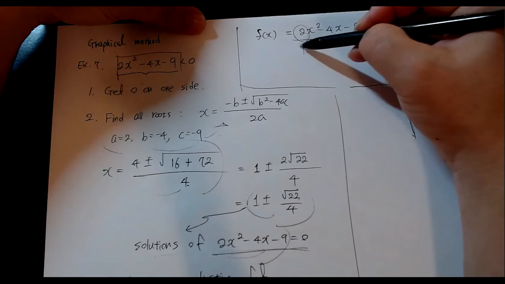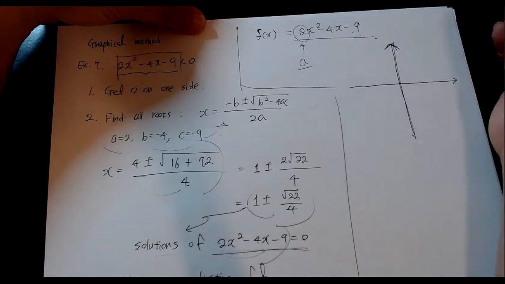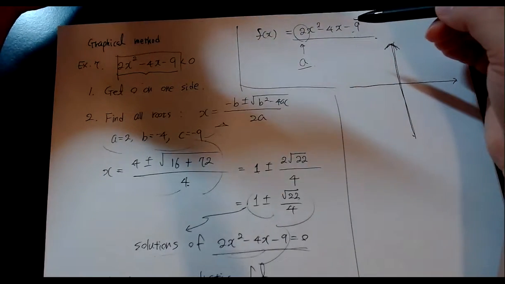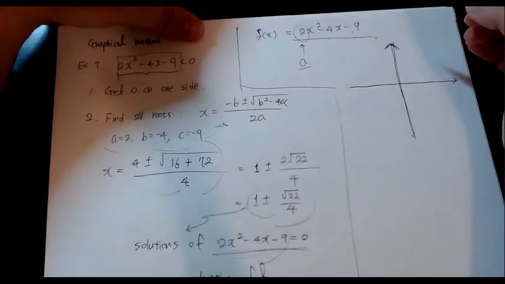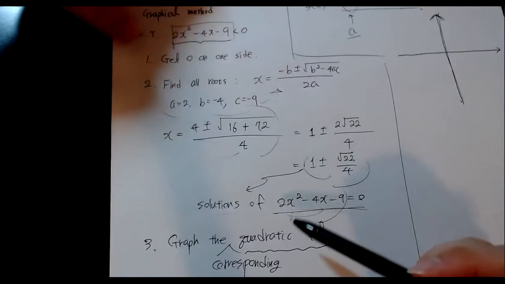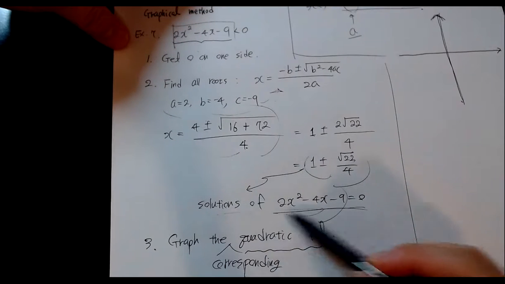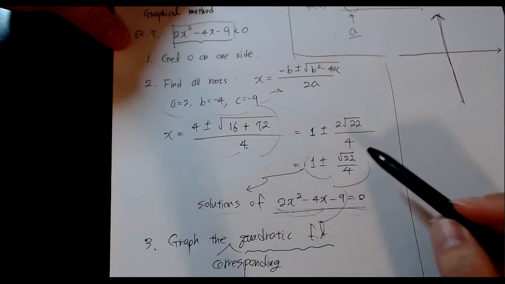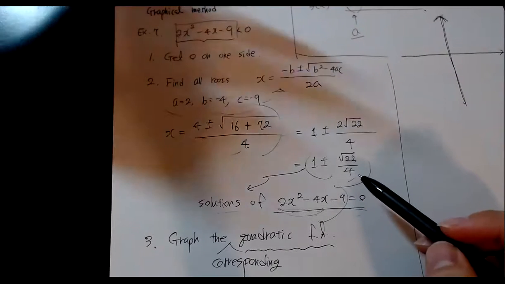You see the a right here? This is a, the leading coefficient. If the leading coefficient is greater than 0, then the graph of f of x, the quadratic function, must be a parabola that opens up. And then back to the step 2 solution, the solution of the quadratic equation is this, which means that there are 2 solutions.